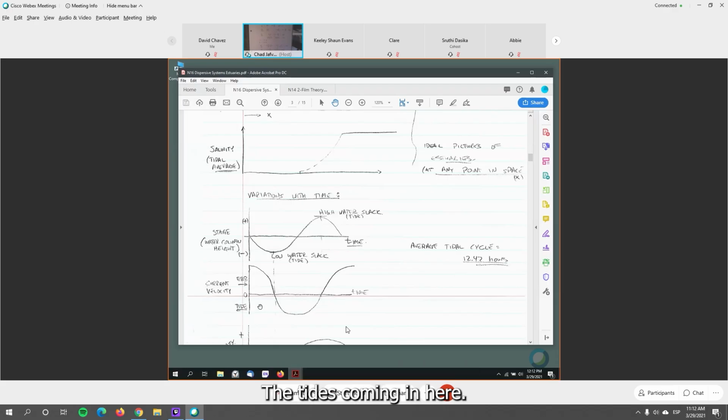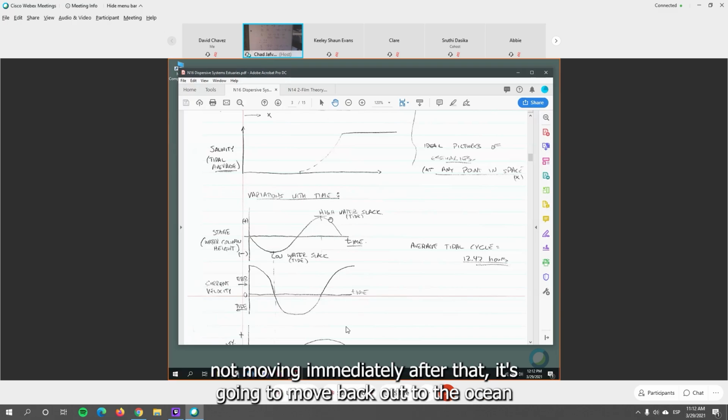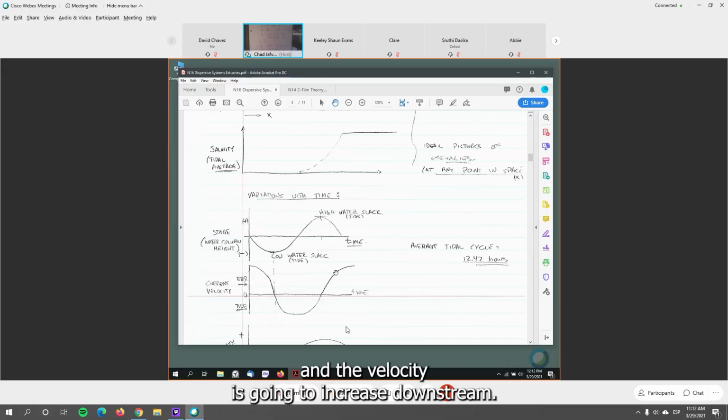The tide's coming in here. So the tide comes in and then it ebbs, which means it's going out. So at high water slack tide, when the water's not moving, immediately after that it's going to move back out to the ocean, and the velocity is going to increase downstream.